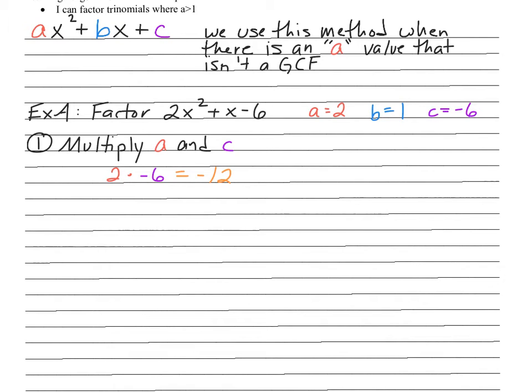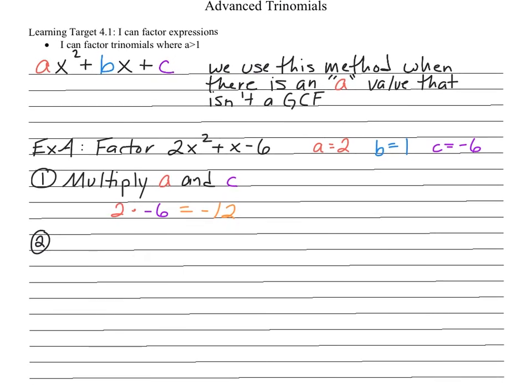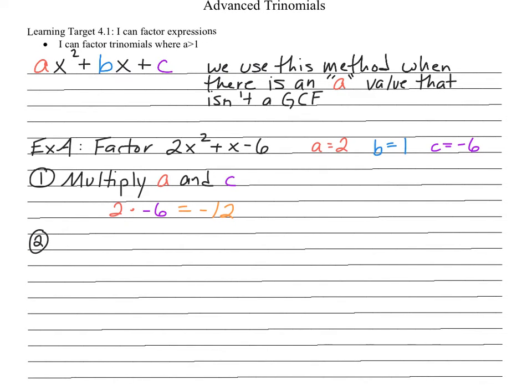So step 2 is that I'm going to find two numbers that multiply to get that AC combo that we just did.